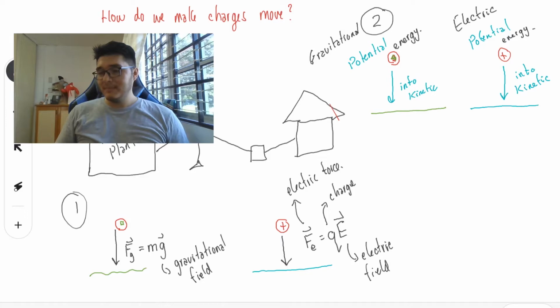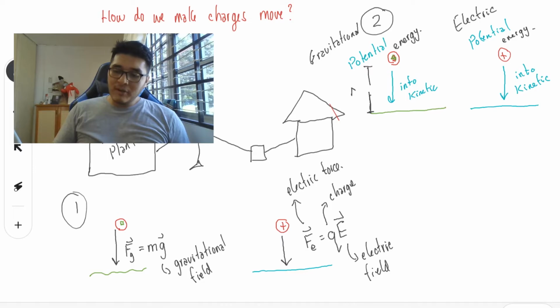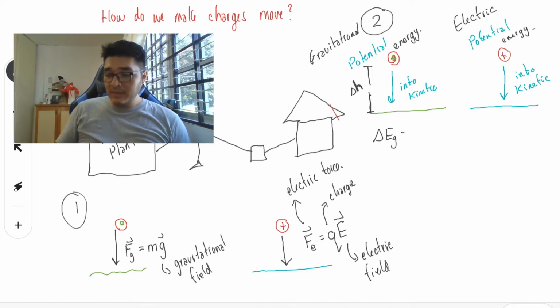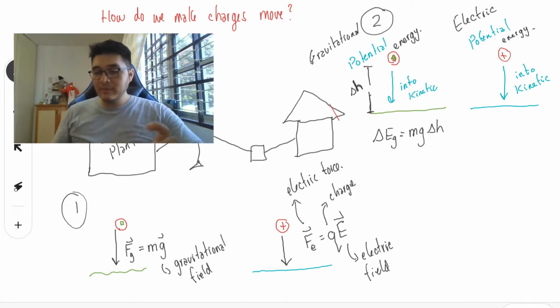For gravitational potential energy, it's based on how high you are. With electric potential energy, it's based on what? Perfect. That's exactly where I was going next. So gravitational potential energy depends on the change in height. Remember the formula for the change in gravitational potential energy was mg delta h. So it only depends on the change in height.